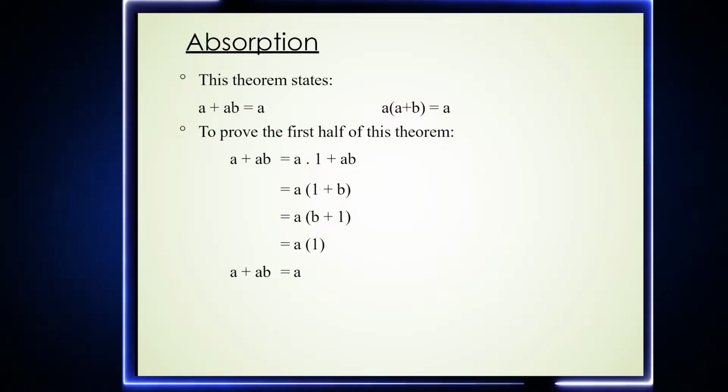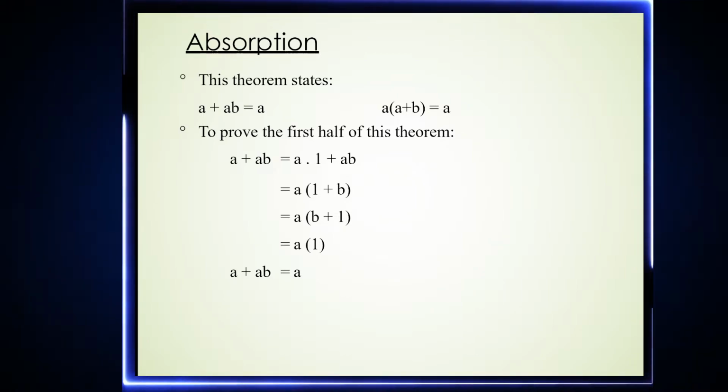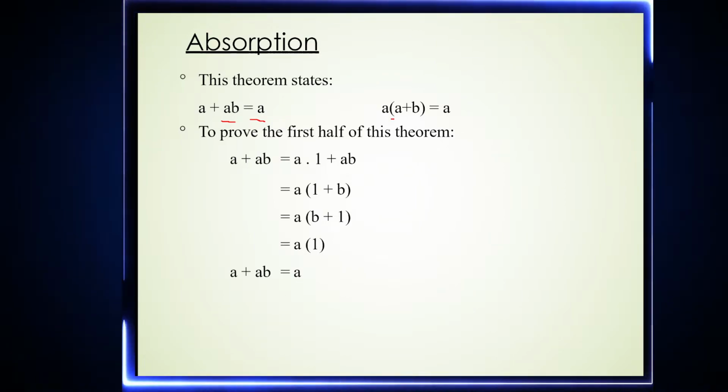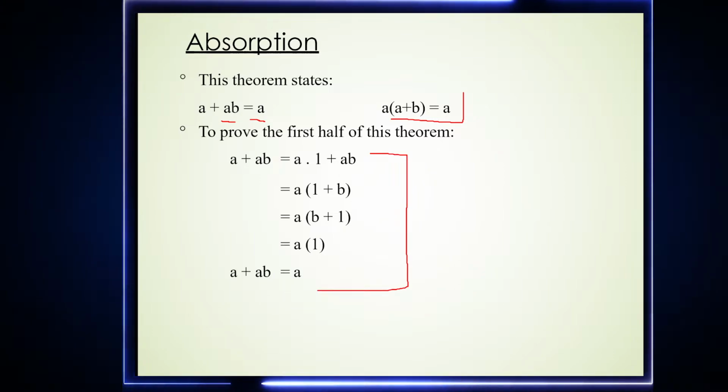Now next is absorption. This theorem states that A plus AB equals A and A into (A plus B) equals A. This is the proof of the theorem, but you can directly remember this theorem.